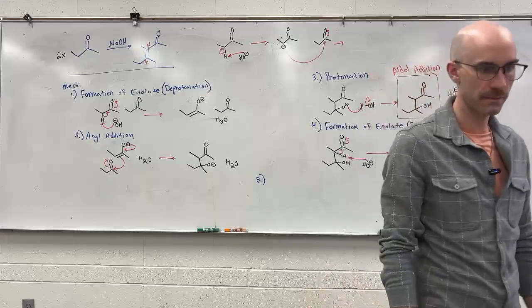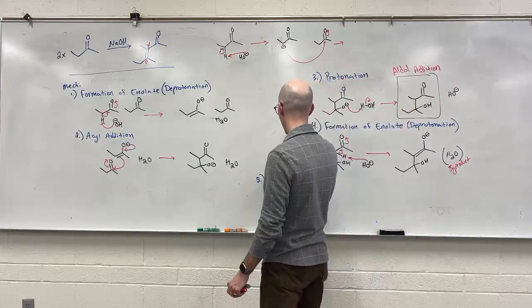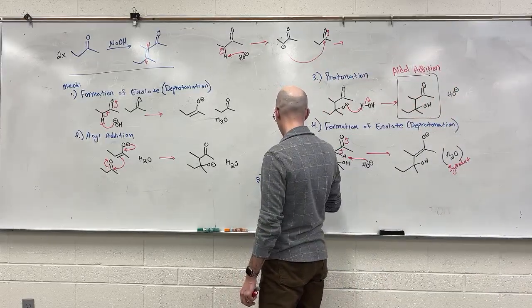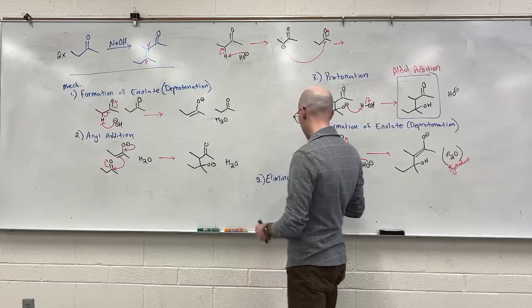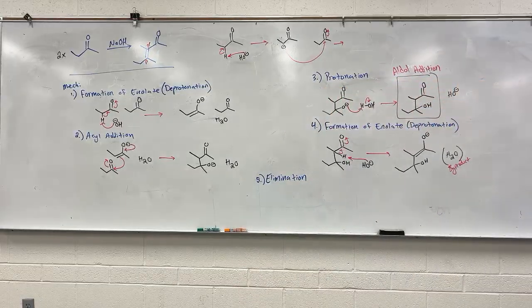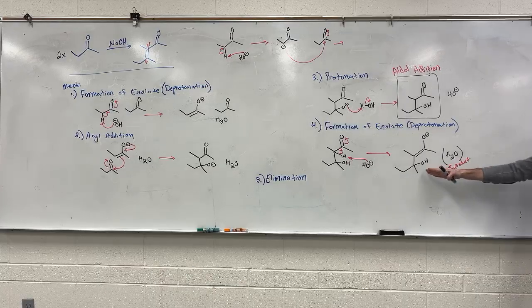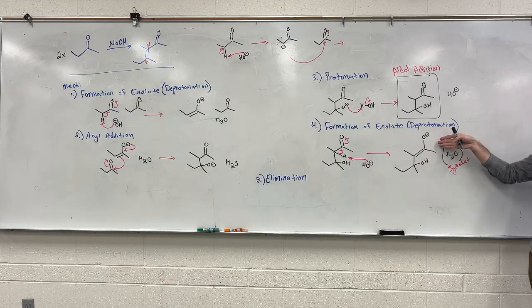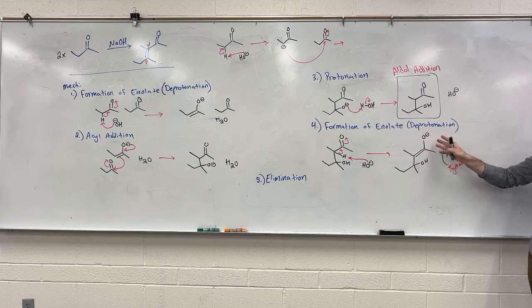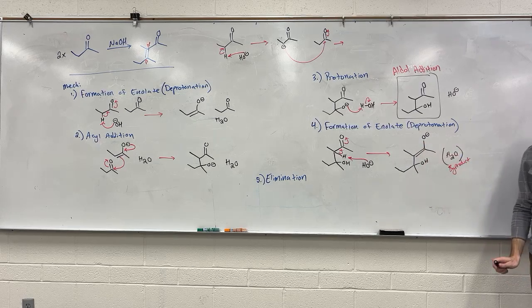And for the final step, how do I get from this beta hydroxy enolate to an alpha beta unsaturated carbonyl? By the way, I need to regenerate my catalyst.